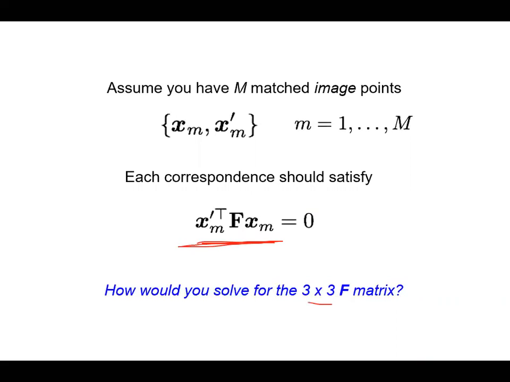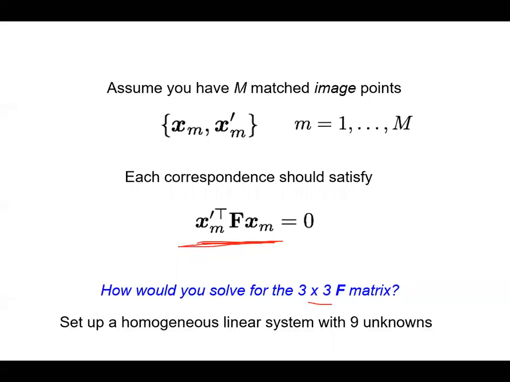Okay, how do you solve for the 3 by 3 F matrix? Again, the magic, the SVD. Everything we have solved so far has used the singular value decomposition. As we mentioned earlier, we just need to set up the homogeneous linear system with the 9 unknowns. With this 3 by 3 F matrix, I have F1, F2, F3, F4, all the way to F9.